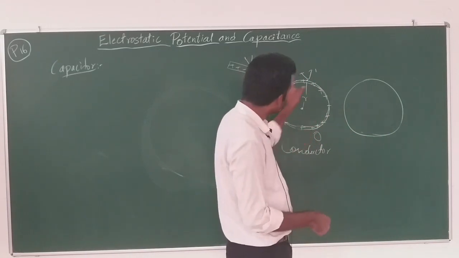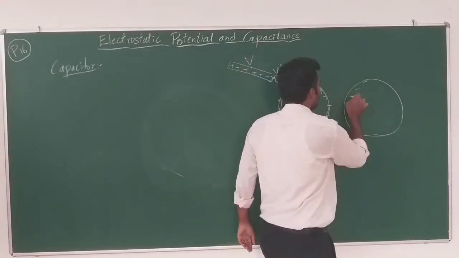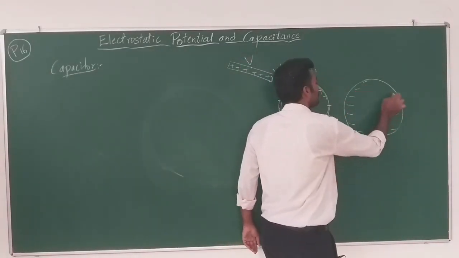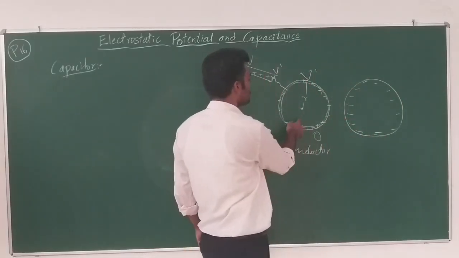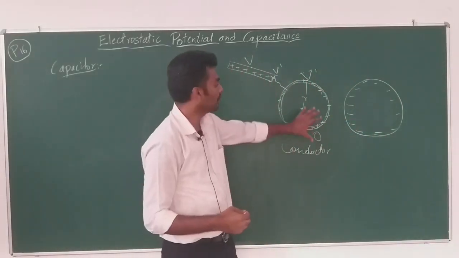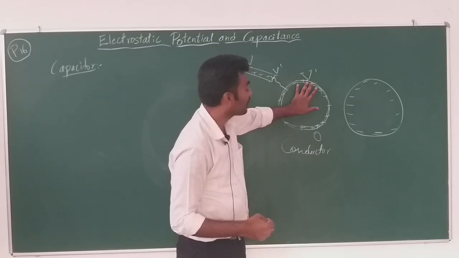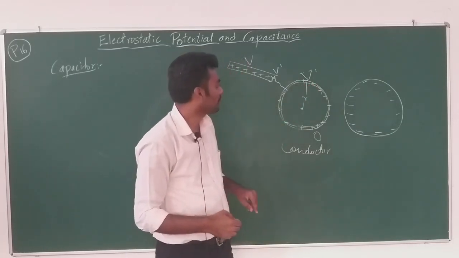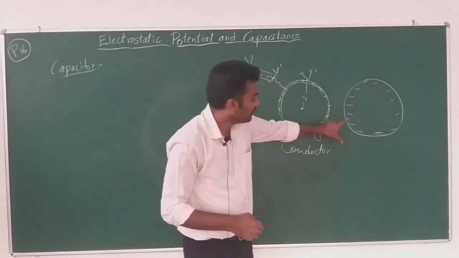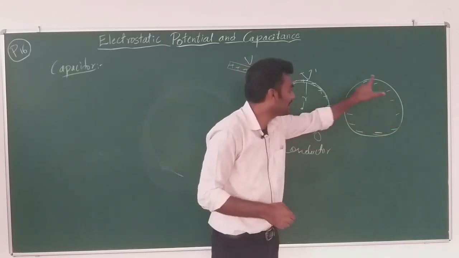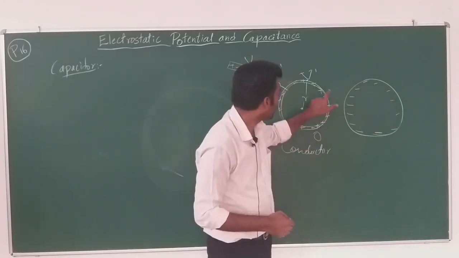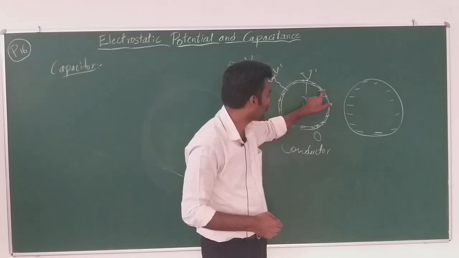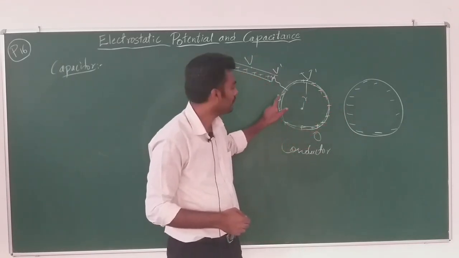Say this is positively charged. Now I will bring a negatively charged body close to this body where I need to store the charges. And now you see, due to the presence of this negative charge, there will be a negative potential developed at these points, right? You agree on that?